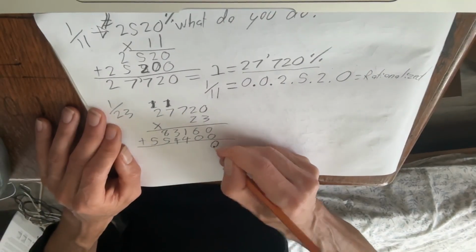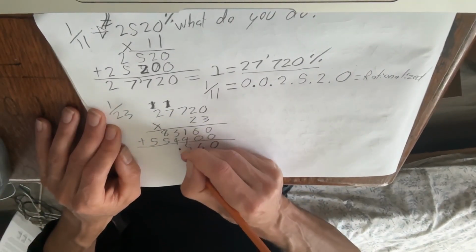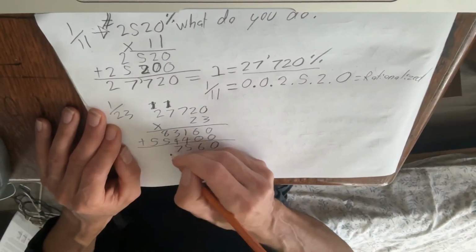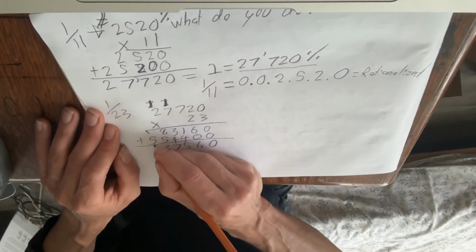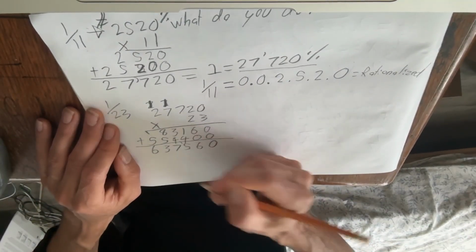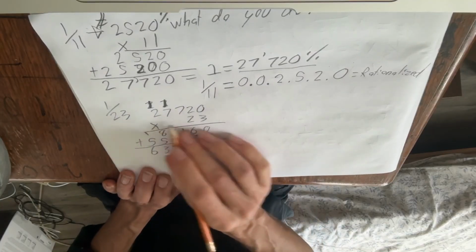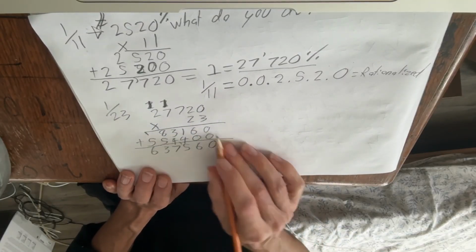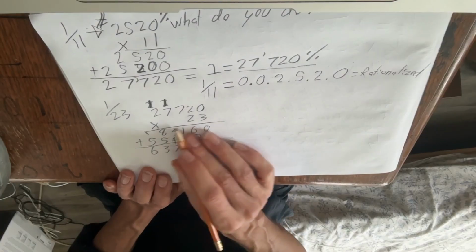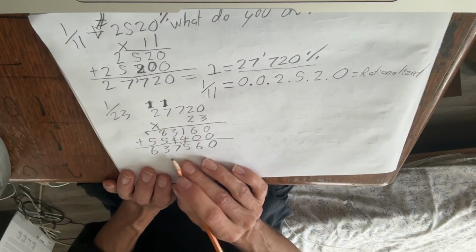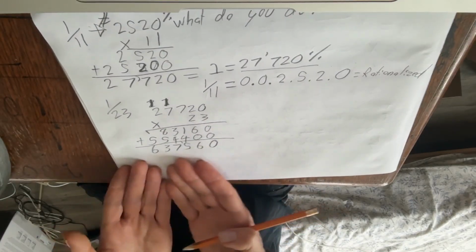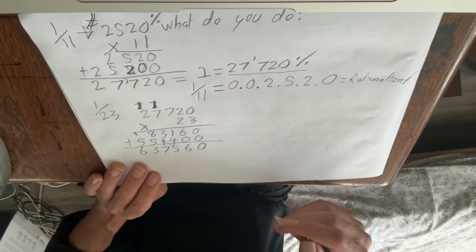You add, you get the 0, you get the 6, the 5, 7, 13, drop the 1, 2, the 6, and now you've got 637,560. Now you understand that 23 goes into this number because 27,720 multiplied by 23 goes into it, yes, so therefore 23 goes into this number.